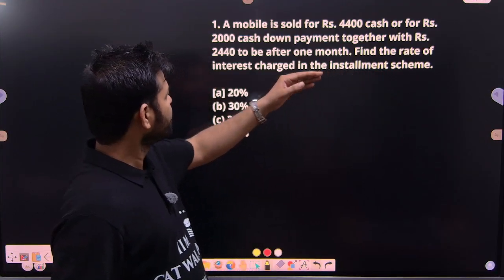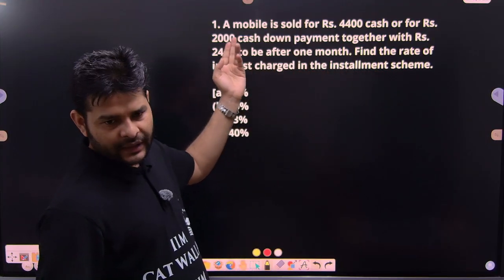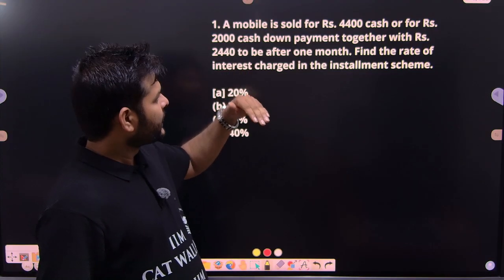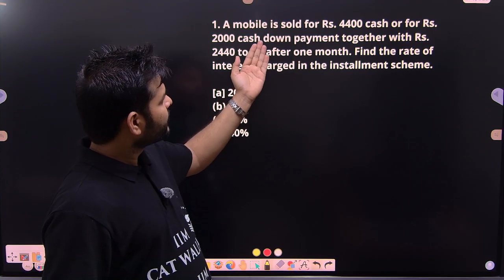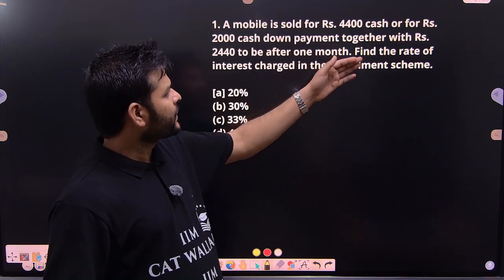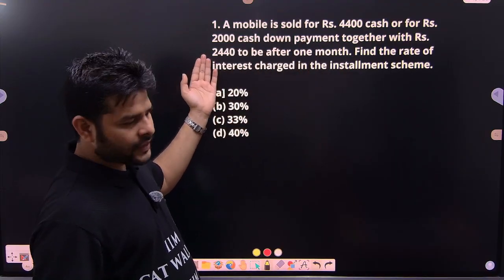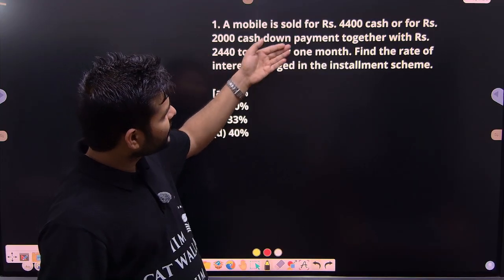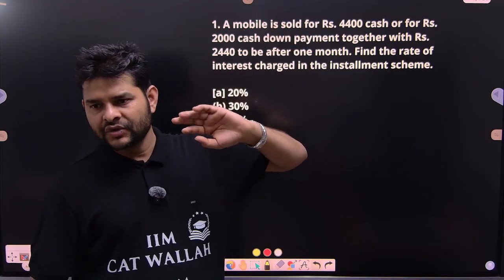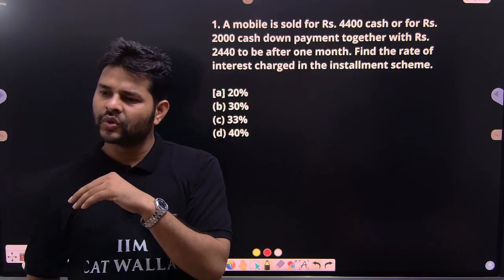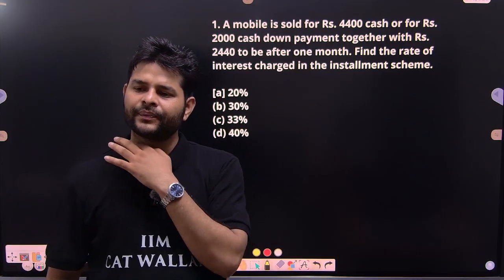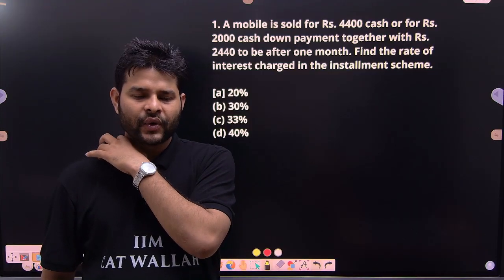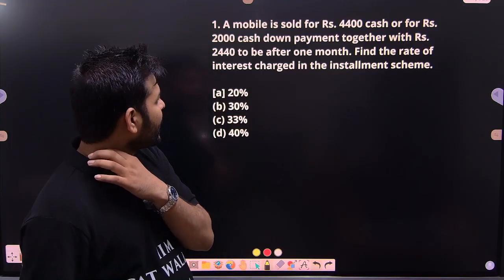The option is, instantly you need to pay only 2000, and the rest of the payment, together with the cash down payment, is rupees 2440 to be paid after 1 month. So first you need to pay only 2000, then you need to pay 2440. Find the rate of interest.